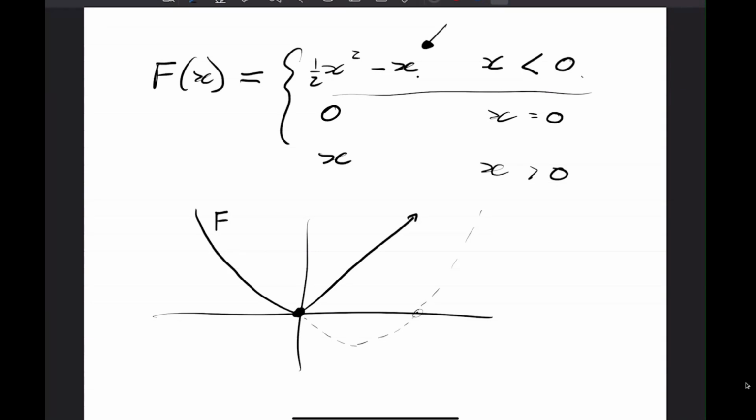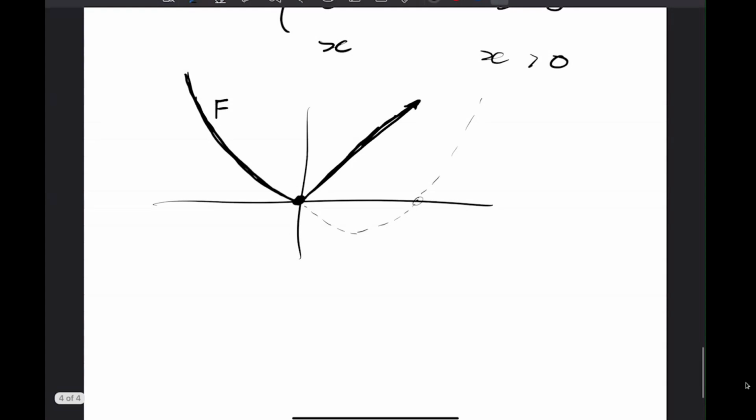So we see here, what does the graph of big F look like? It looks like a parabola to the left of 0 and a straight line to the right of 0. And notice this little cusp here at 0, which confirms what we had before, that big F is not differentiable at 0.